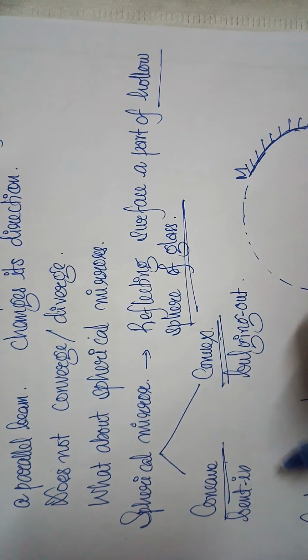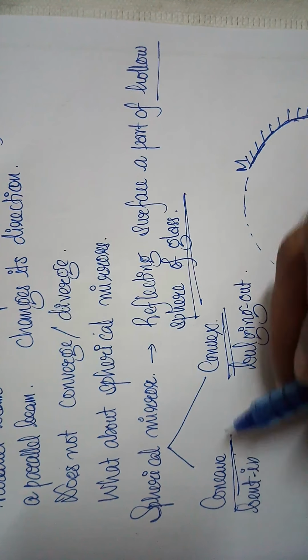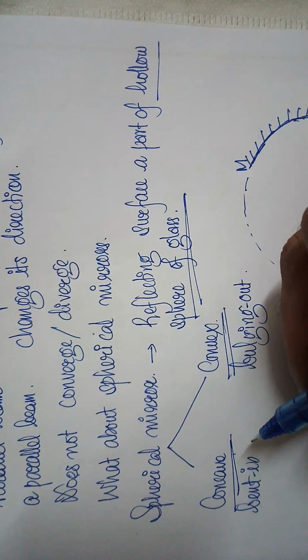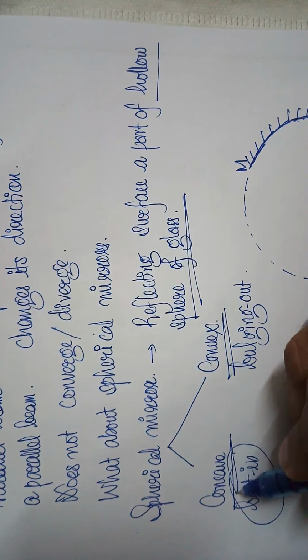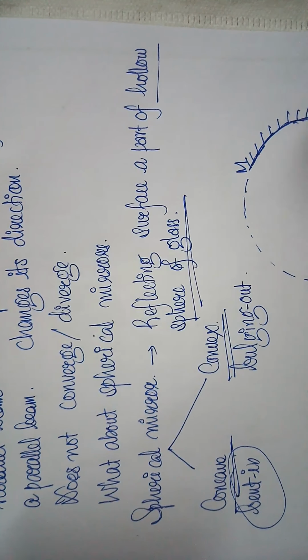A concave mirror is that spherical mirror in which the reflection of light takes place at the concave surface, or bending in surface, like this one.